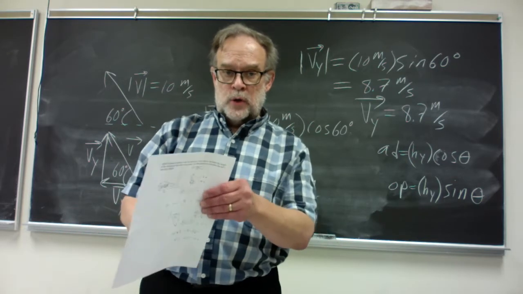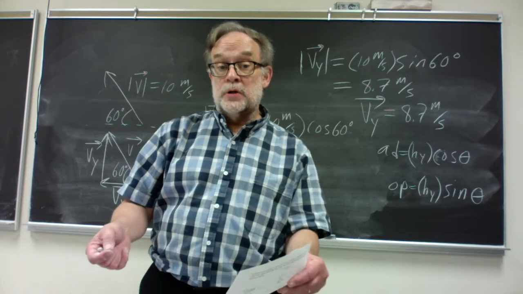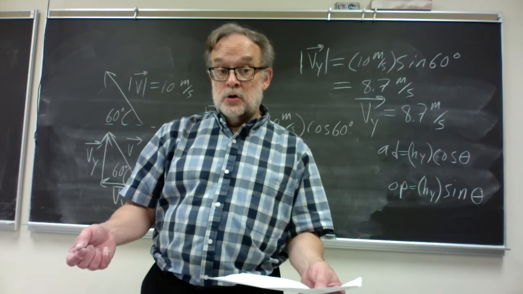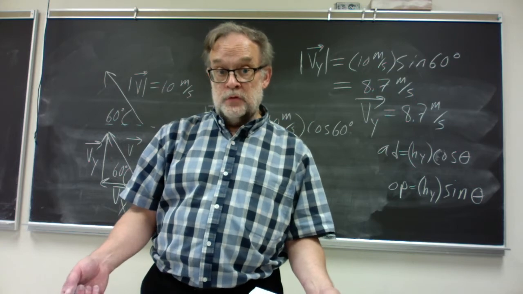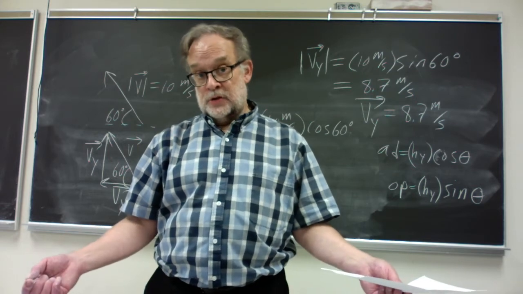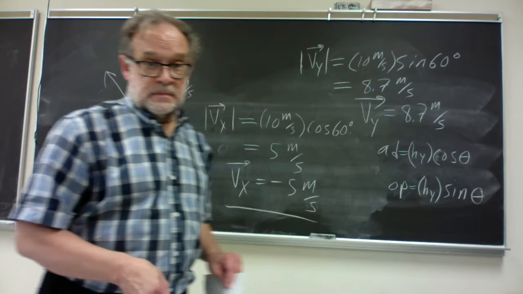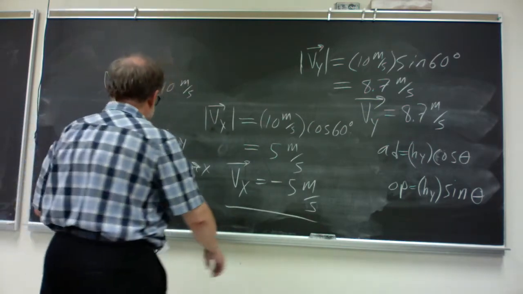Let's flip that the other way around. What if we know the components? From that, we can actually figure out the magnitude of the vector itself and the direction angle. So let's see how that looks.